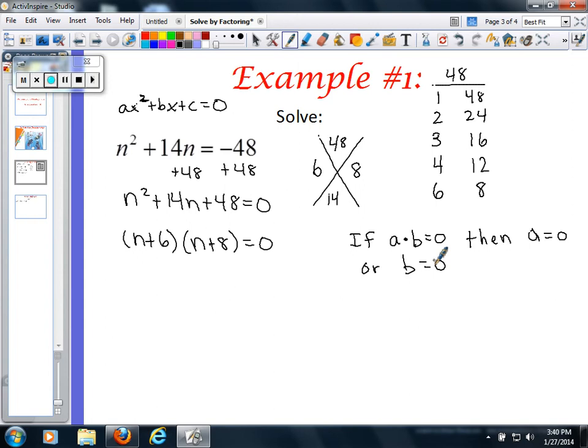So if I know that this times this equals 0, then I know that either n plus 6 equals 0 or n plus 8 equals 0. And now you solve for n.